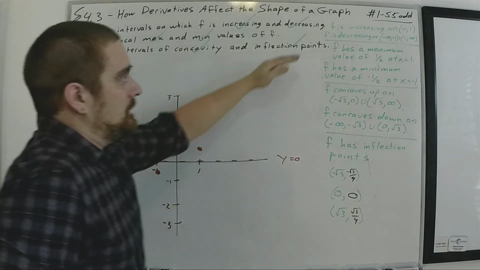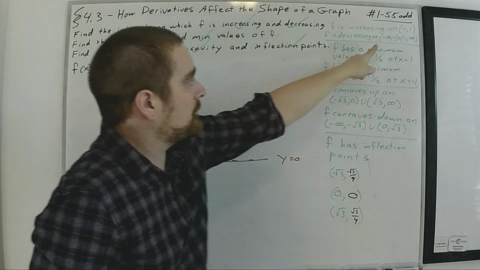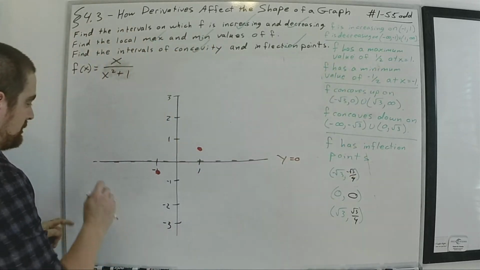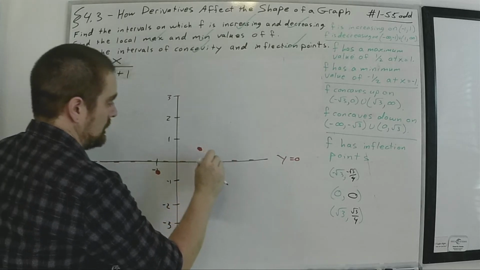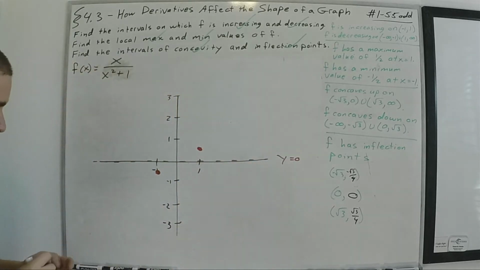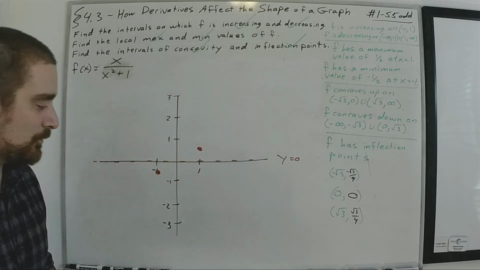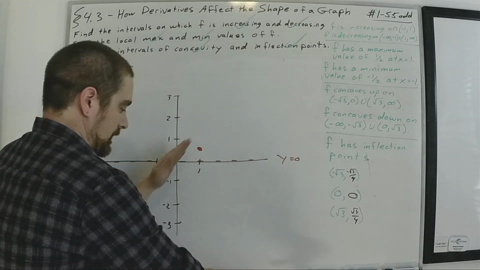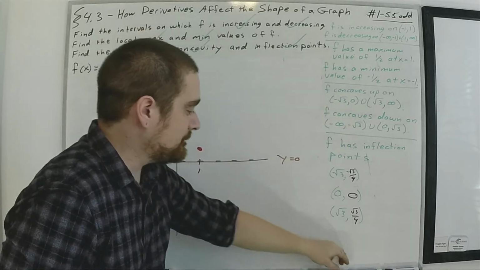And I know I'm increasing from negative 1 to 1, and I'm decreasing everywhere else. So I know that my function is going to be decreasing, hit that minimum, increase, hit that max, and then decrease again. But before I just do that simple curve, and risk drawing it like a straight line here, it's not a straight line because we're also looking at concavity.